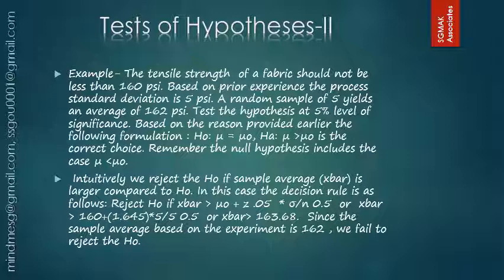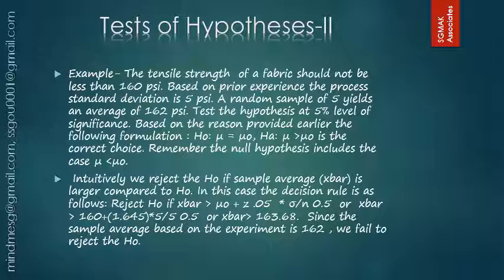We'll be rejecting null hypothesis if X bar, the sample average, is greater than mu naught plus z 0.05, because we are testing at 5% level of significance, multiplied by sigma over square root of n, or X bar is greater than 160 plus 1.645 multiplied by 5 over square root of 5, or X bar greater than 163.68.